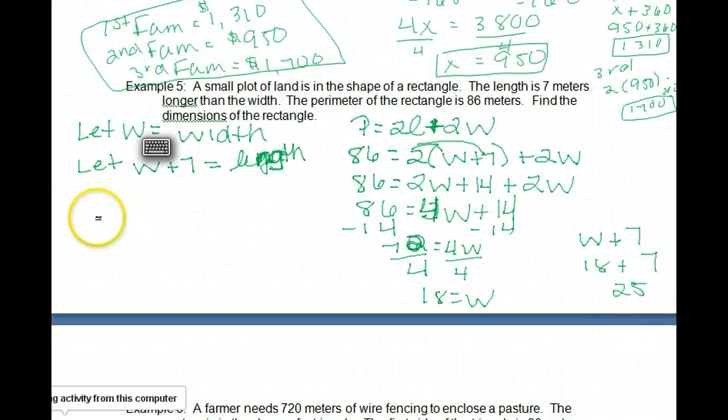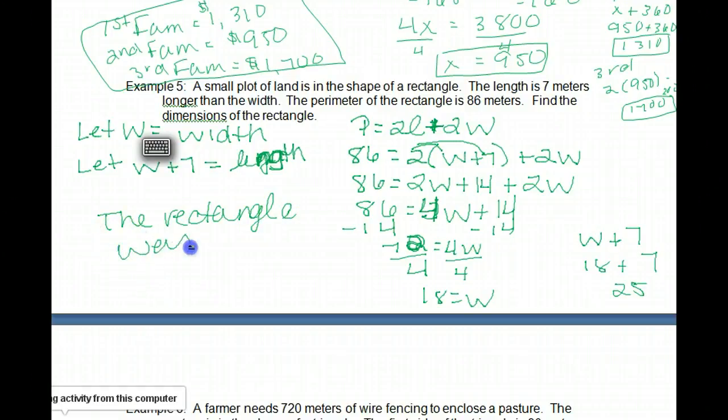So that means that the rectangle that represents the plot of land was 18 by 25 meters.